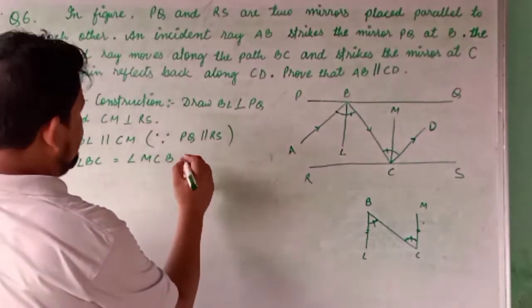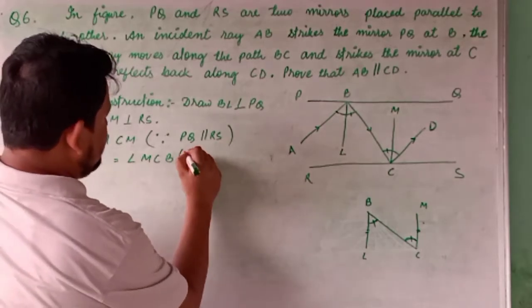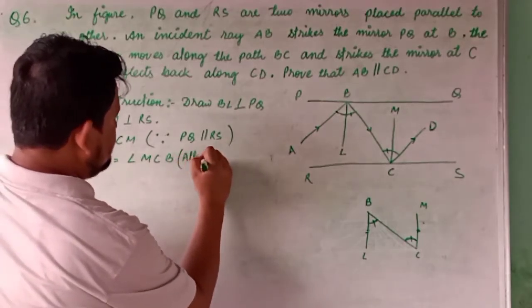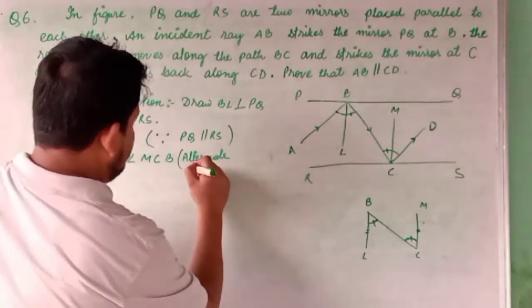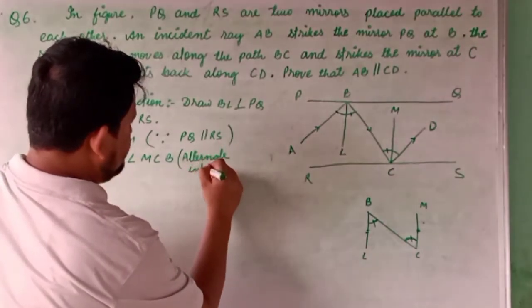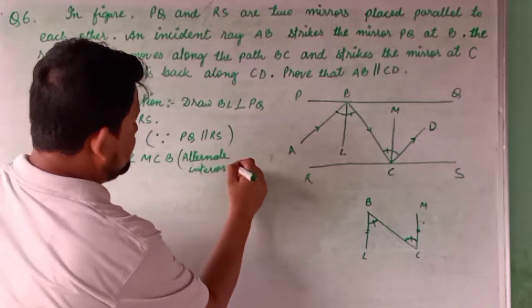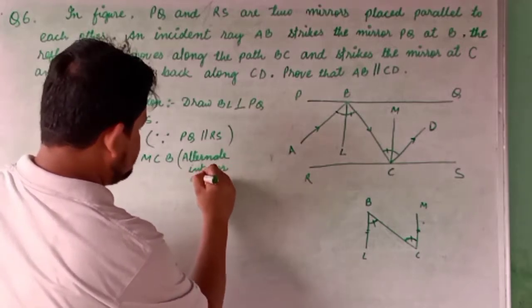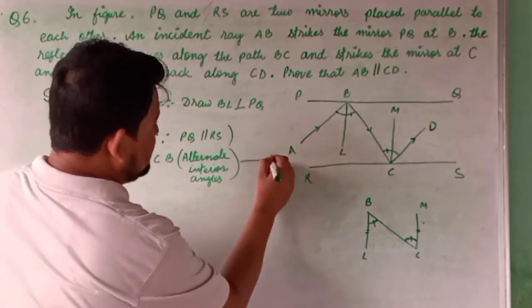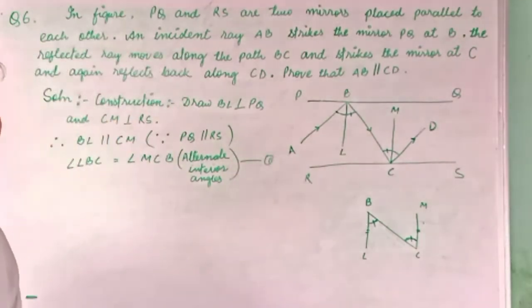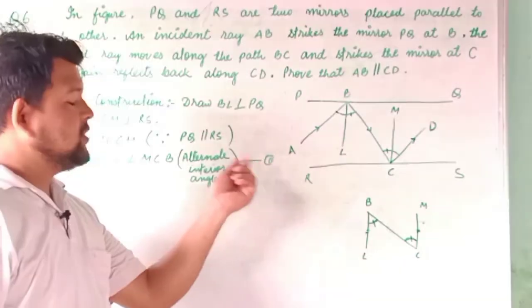Why are they equal? Because they are alternate interior angles. Let us write the reason: alternate interior angles. So let me give this property as number 1. Suppose we say this equation is number 1.